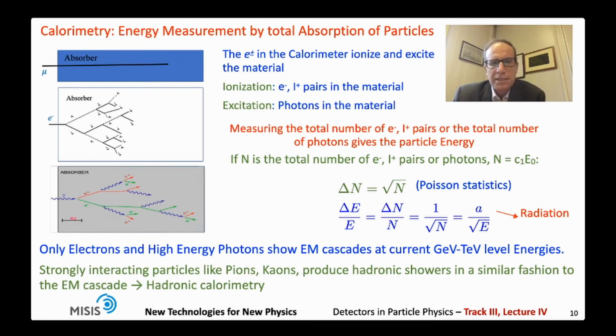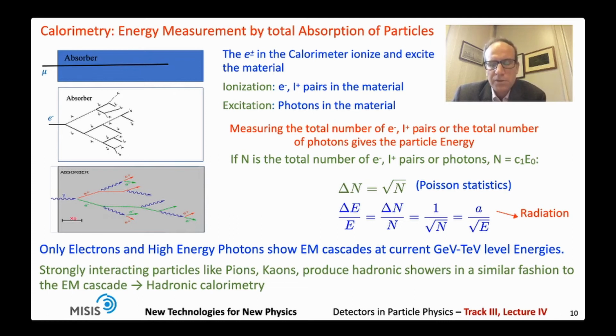So you can either get the signal from the ionization or the signal from the excitation, and then this total number of particles will be proportional to the incoming energy, which means that your uncertainty on the energy will be driven by the uncertainty on this counting, on this number.